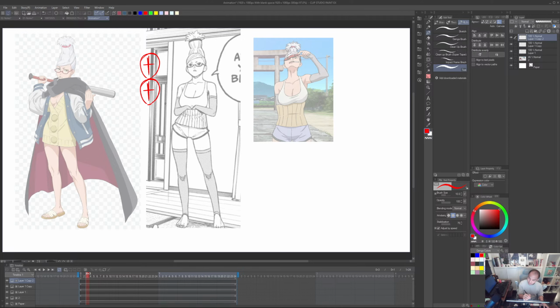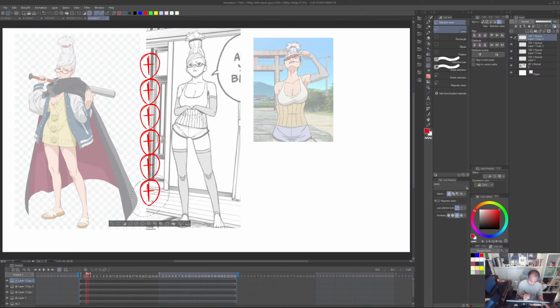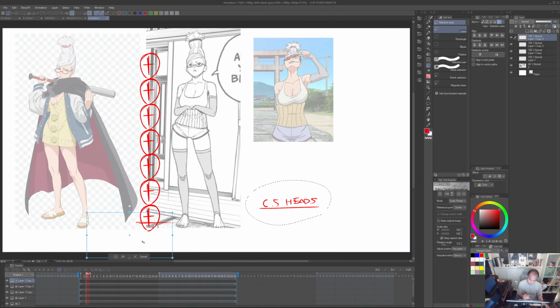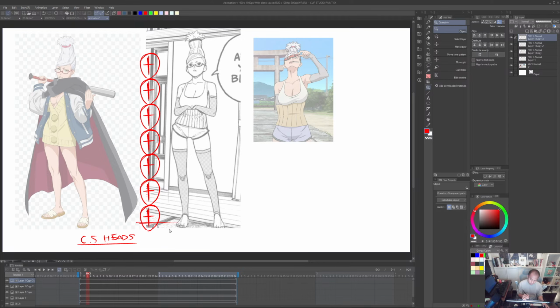And I'm using the manga as my reference rather than the anime, just because it's a lot easier for me, and you can see that she's the same count as what I determined earlier. Like 6.7 counts, right? 6.5 heads. That's her proportion, right? And now what I want to focus on are the shapes of her body.